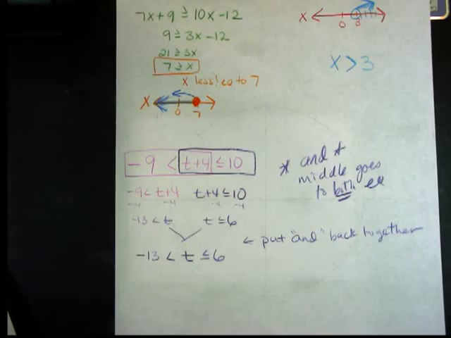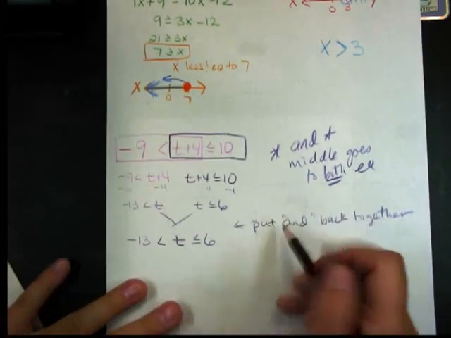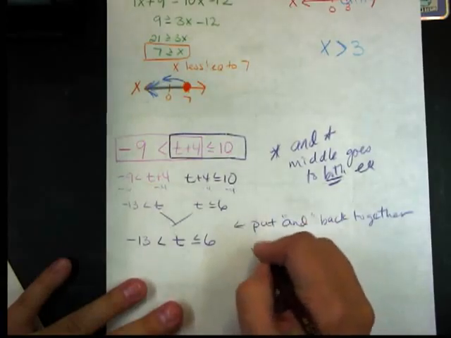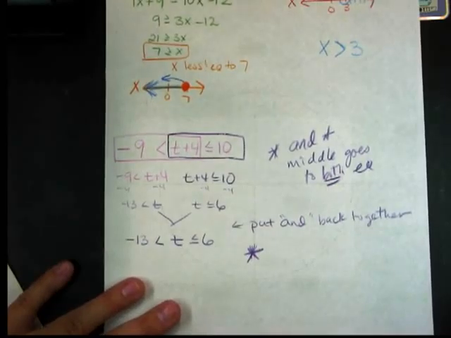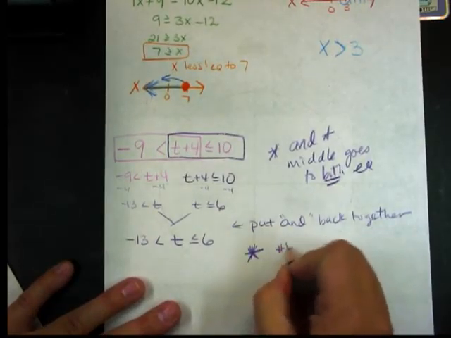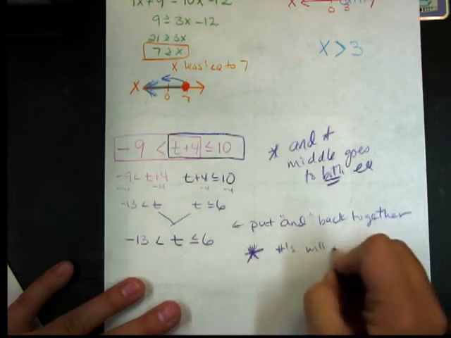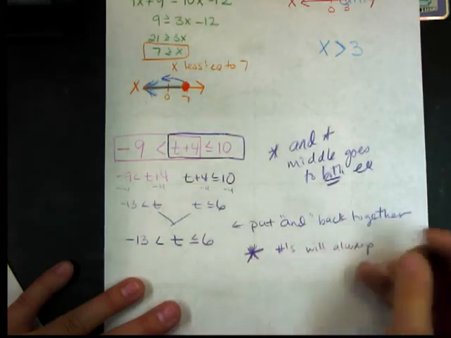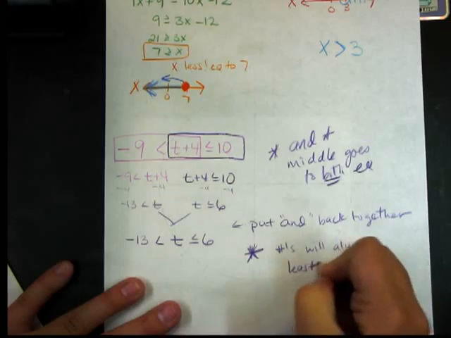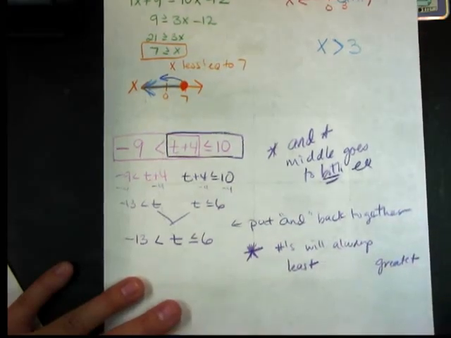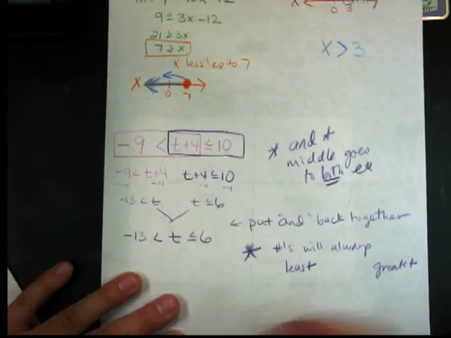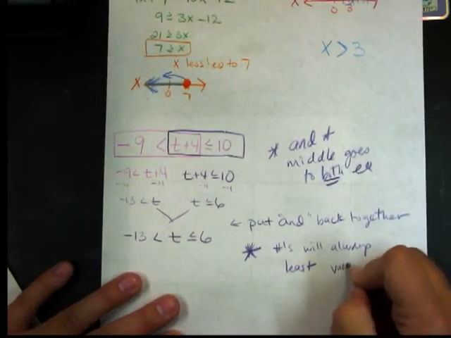One thing that will always, always, always be true with an and problem. Again, this is kind of a highlight here. With an and problem, the numbers will always be least, greatest, with the variable in between.